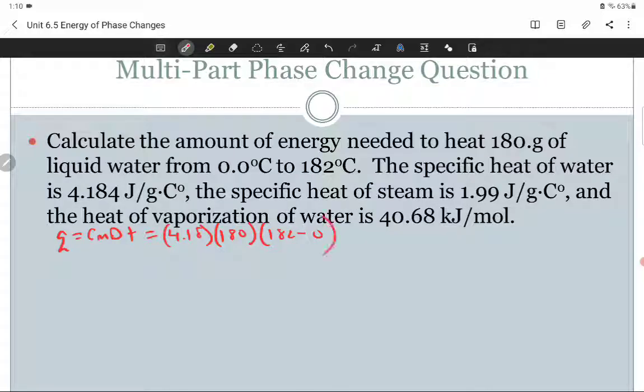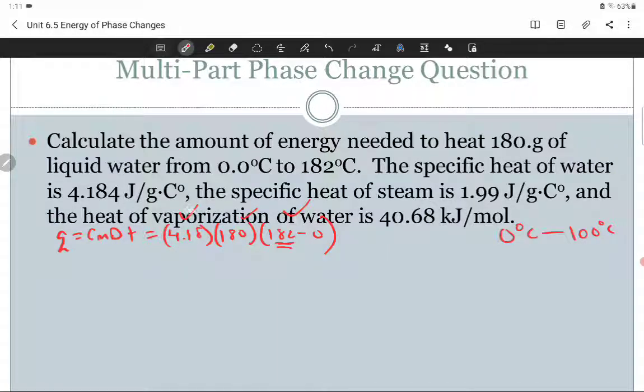But that is not going to work, because water only stays liquid from 0 degrees Celsius to 100 degrees Celsius. When you're at 182 degrees Celsius, you don't have liquid water anymore. So you can't use this idea.